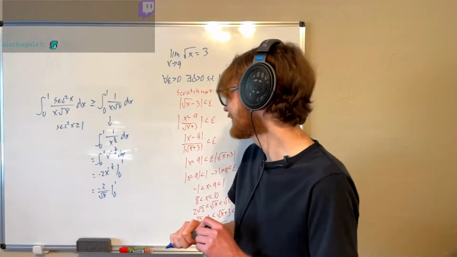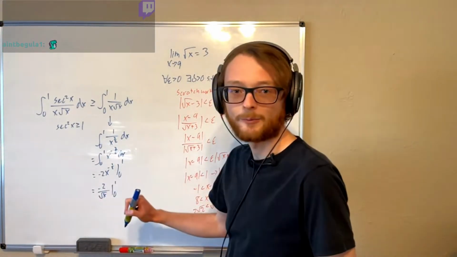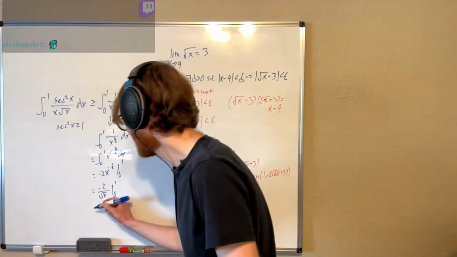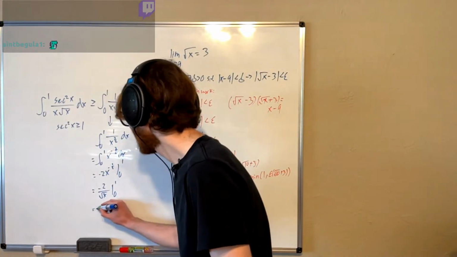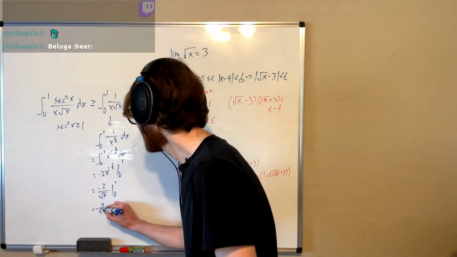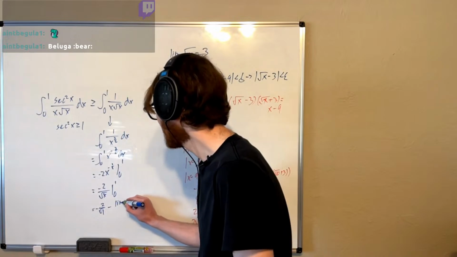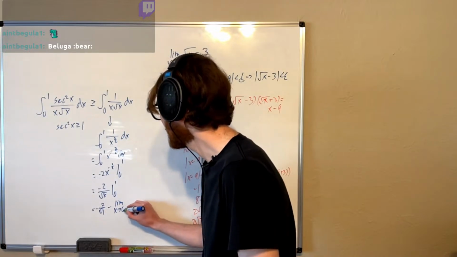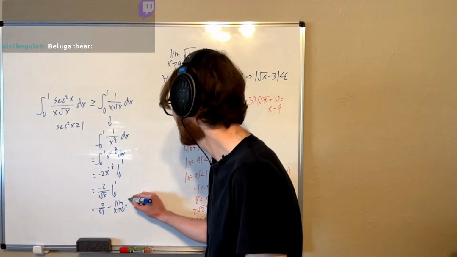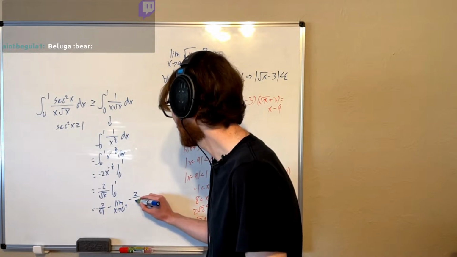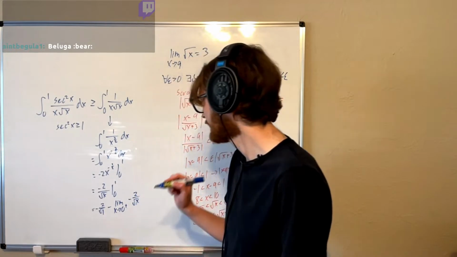Okay, so 1 is fine with this, but 0 is going to be an issue. So we'll say negative 2 over root 1 minus the limit as x goes to 0 from the right of negative 2 over root x.